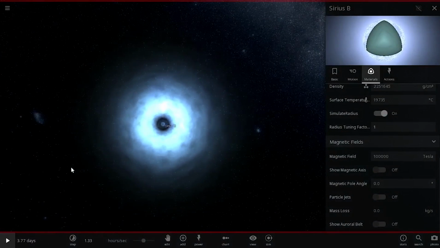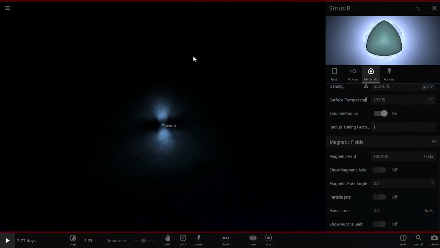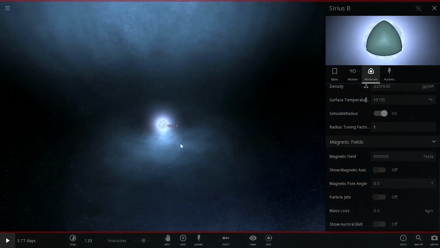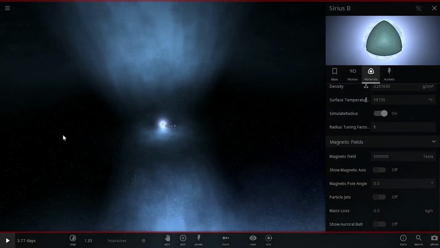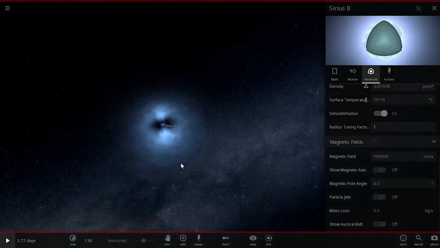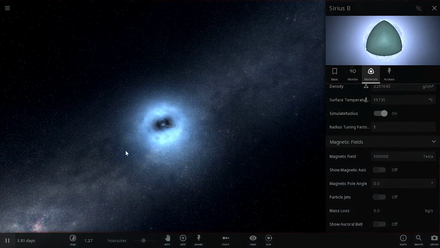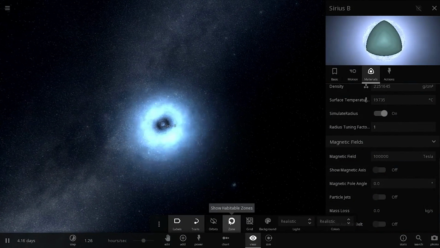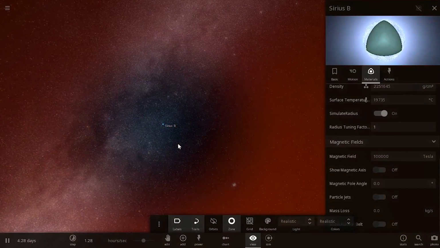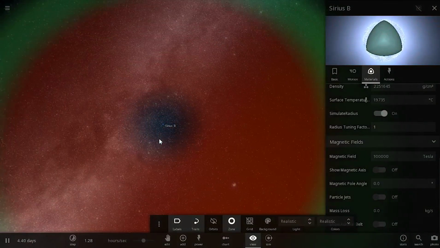Now, I think I might want to either make a binary system or just a single solar system and then have another one orbit it. This seems to work. Okay, play.